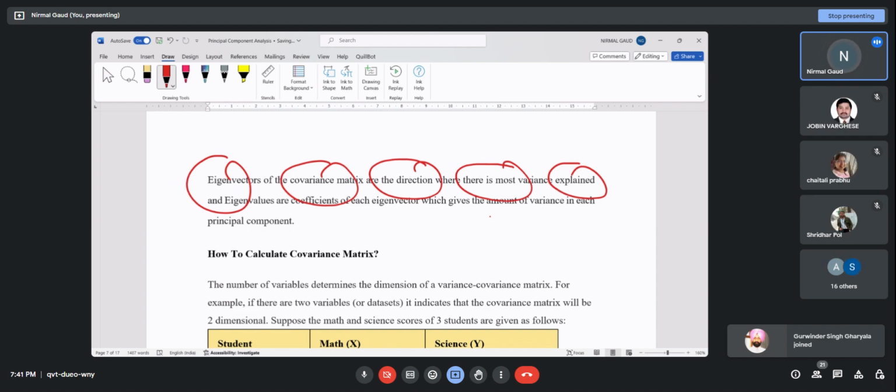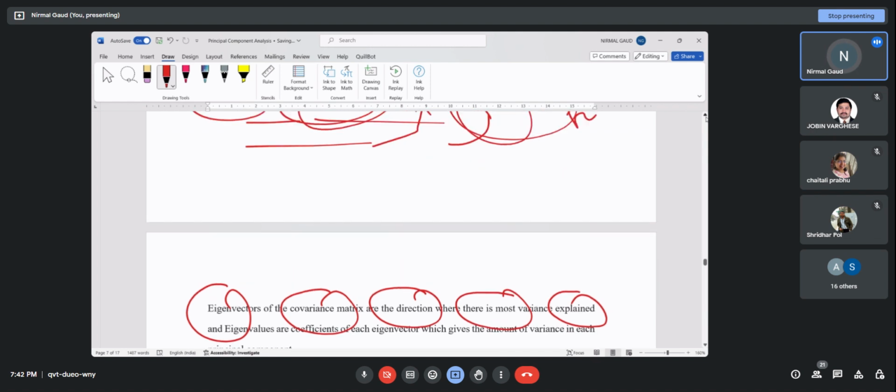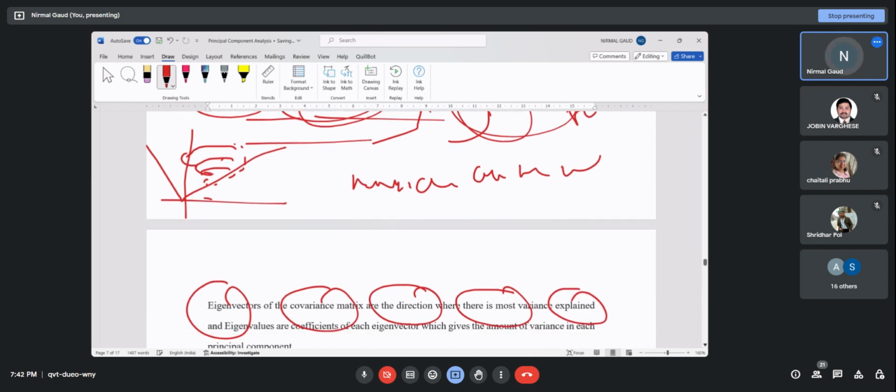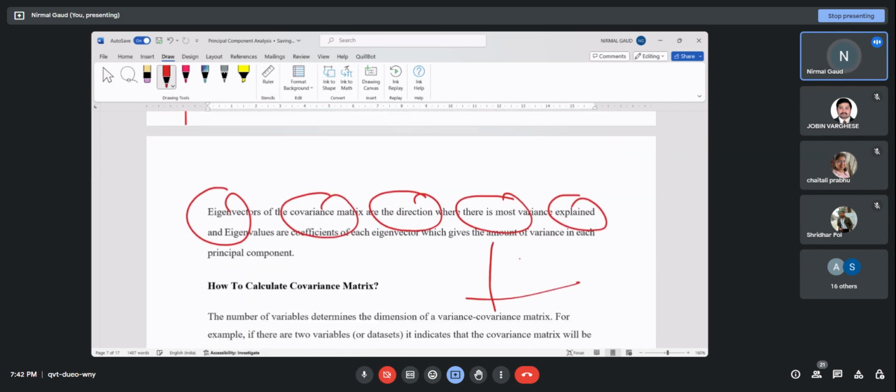That means we either project the data over these vectors, since your data is already presented in this format and you have got these vectors, or we make principal components here in this way.